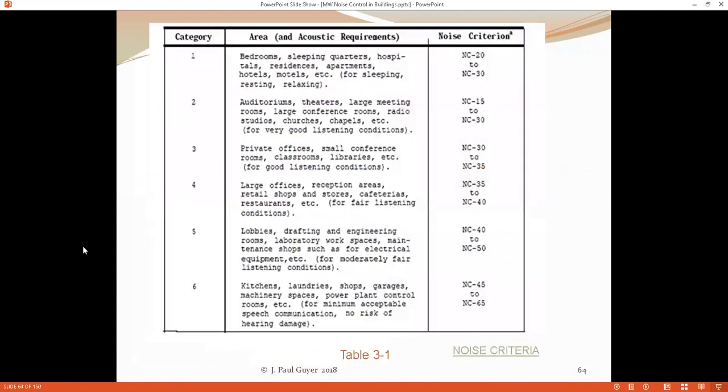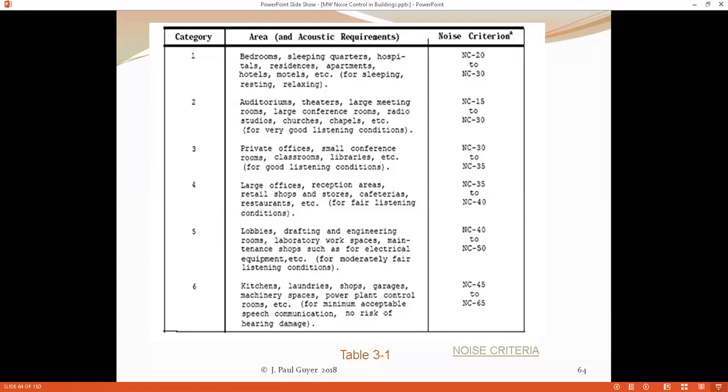Well, this is a table that one very highly experienced organization uses. This is a Department of Defense design manual, and it relates the human activities to NC curves, and this approach is reasonable and is applicable to all kinds of spaces.